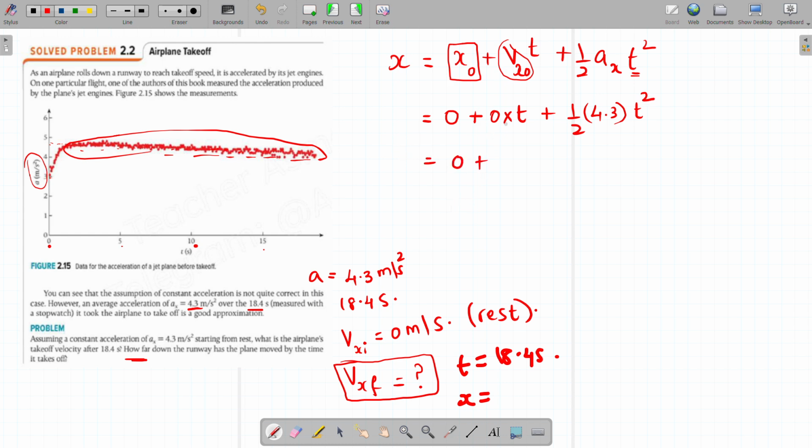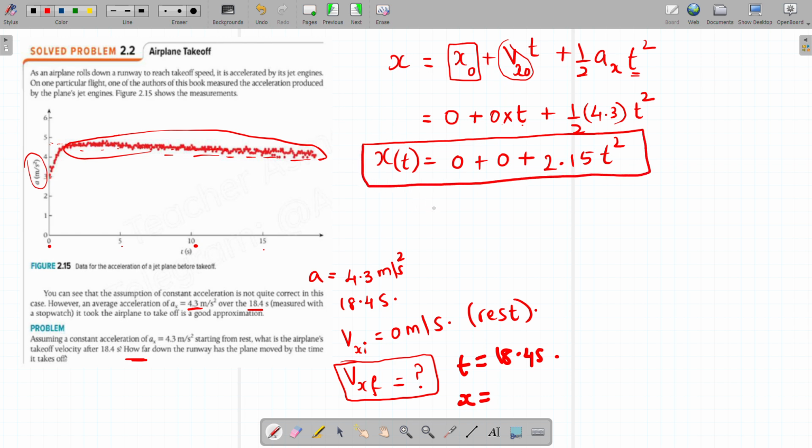So 0 plus 0 times t is 0, plus 2.15 t squared. This is the function of position. So x of t is equal to 2.15 t squared.